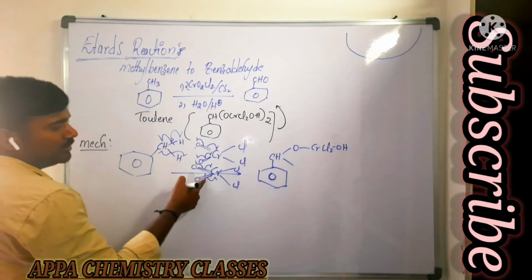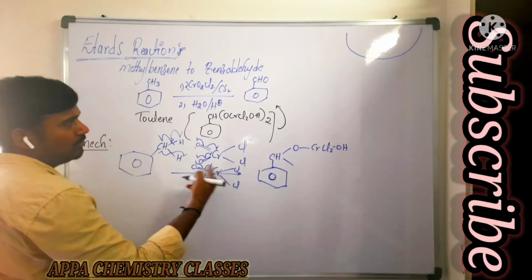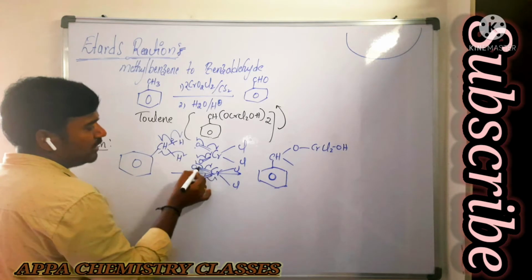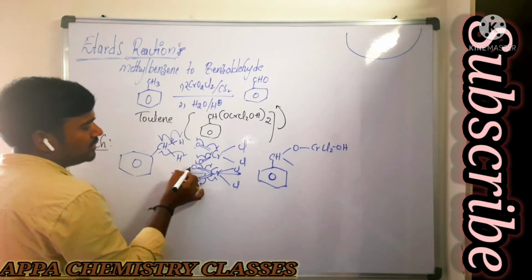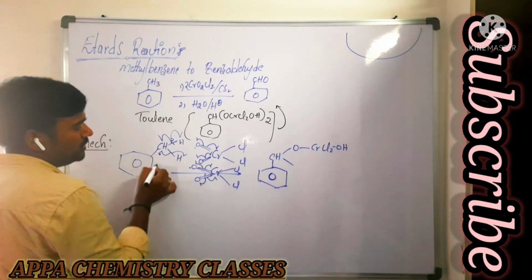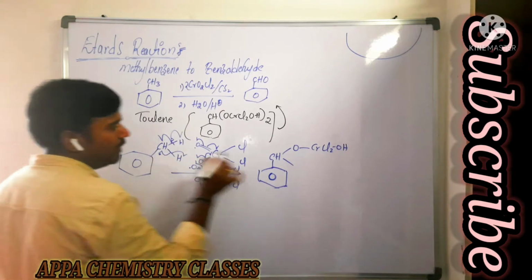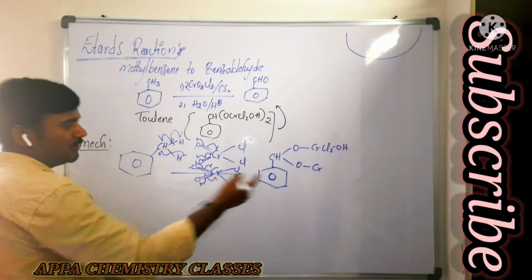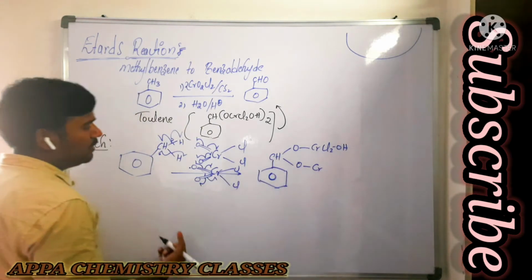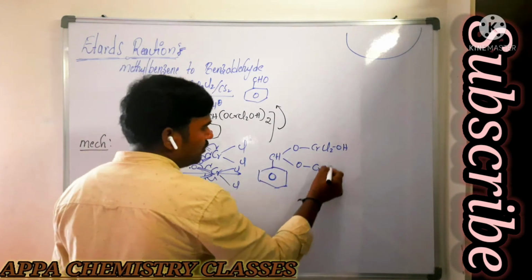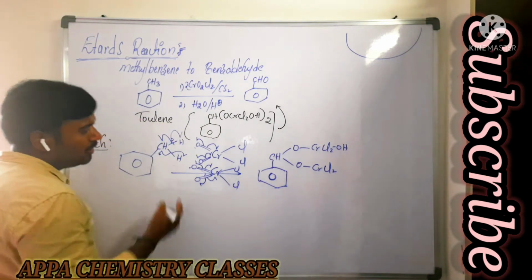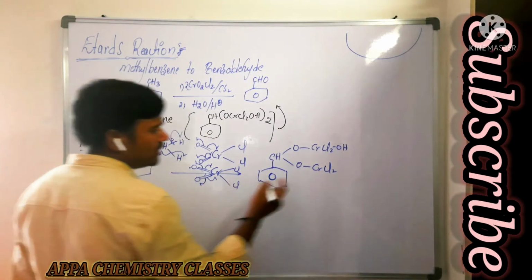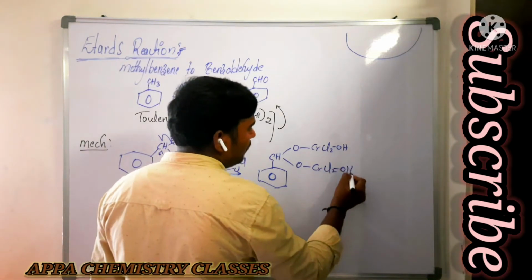Similarly, in the second chromyl chloride complex, the chromium radical and oxygen radical, together with the CH radical, form a carbon, oxygen, chromium bond. This chromium contains 2 chlorine atoms, and the hydrogen radical combines with the oxygen radical to form OH.